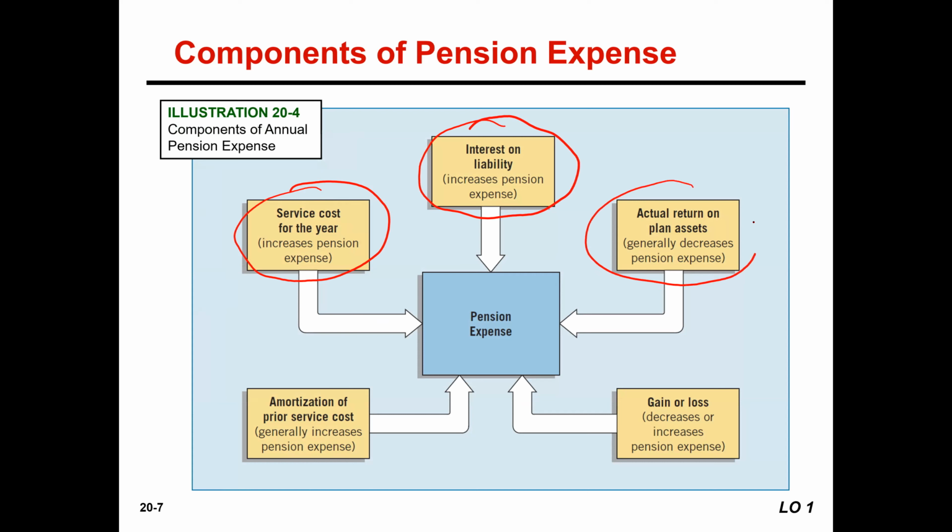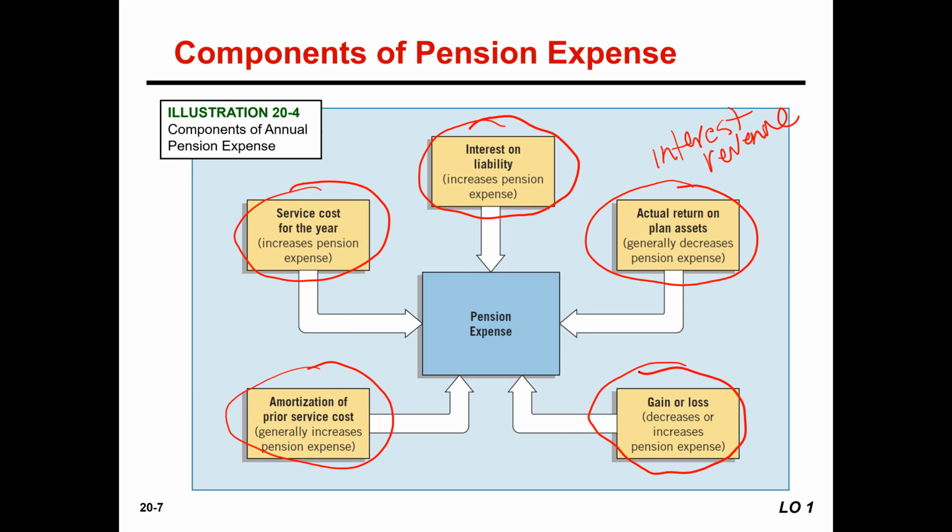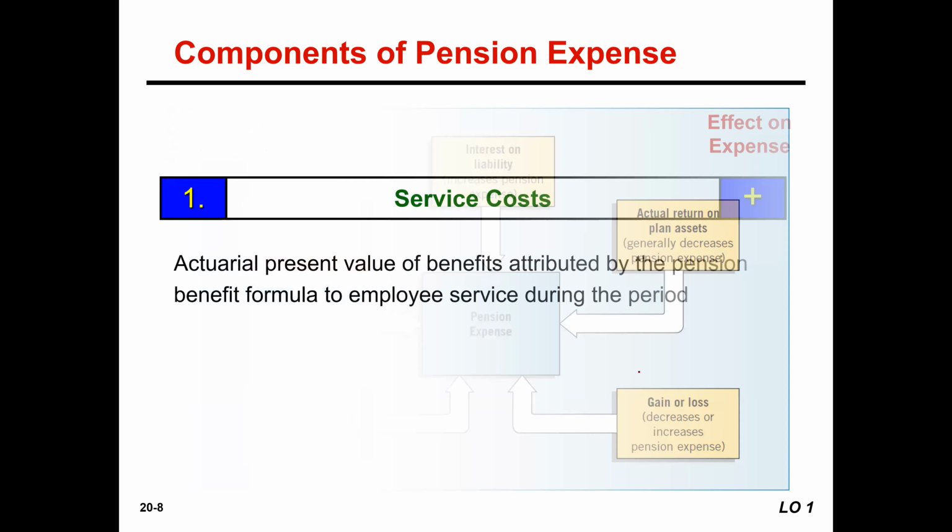Actual return on the plan assets, like the interest revenue from the monies invested, generally decreases the pension expense. Amortization of prior service costs increases pension expense. And then gain or loss can either decrease or increase pension expense. Again, we'll look at examples of those and get practice with them in class together.